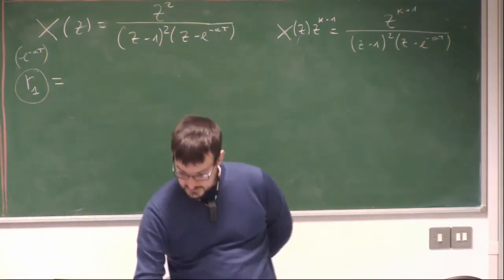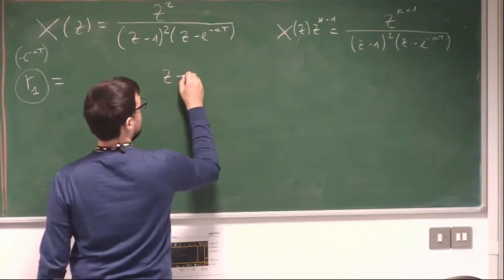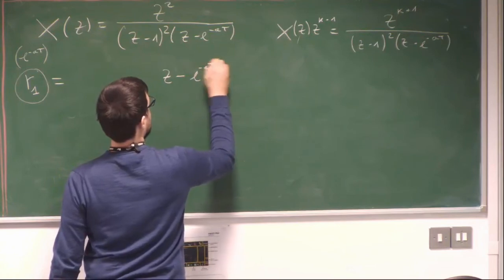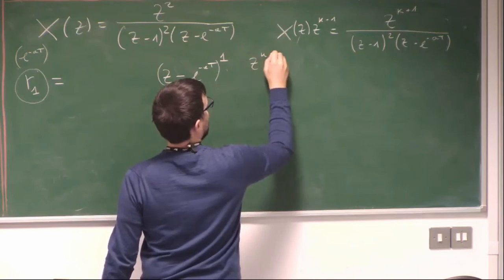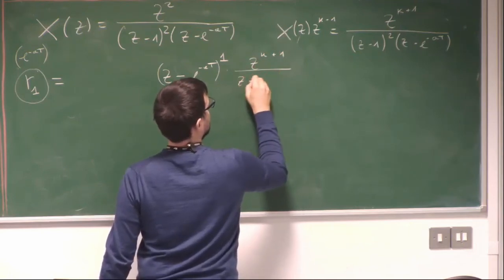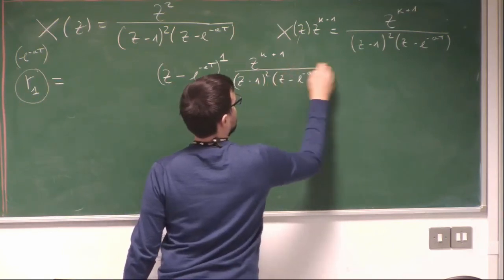If we look at the slide, the formula tells us that we have to take the function X(z) times z^(k-1) that I wrote at the board. We have to multiply by z minus the pole, to the power of the order of the pole. But the order of this pole is 1. So I have to do (z - e^(-at))^1 times z^(k+1) divided by (z-1)^2 (z - e^(-at)).